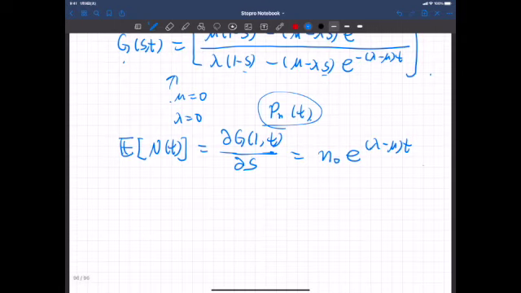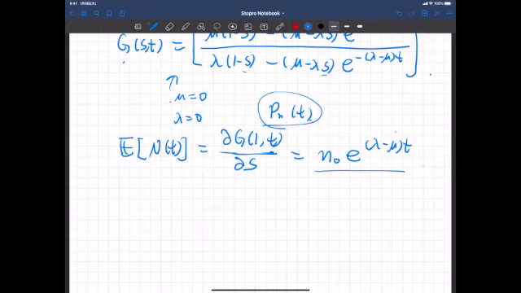If you look at this equation, this seems familiar. If mu is 0, then this is the result we got for the birth process, which is just exponential increase of the population size.